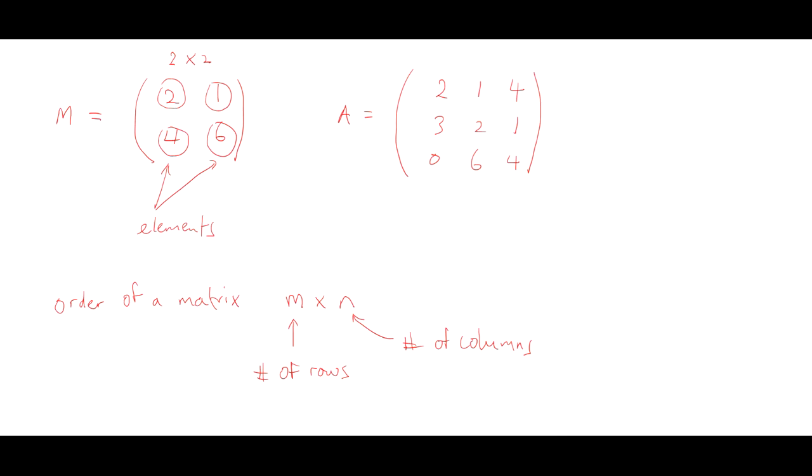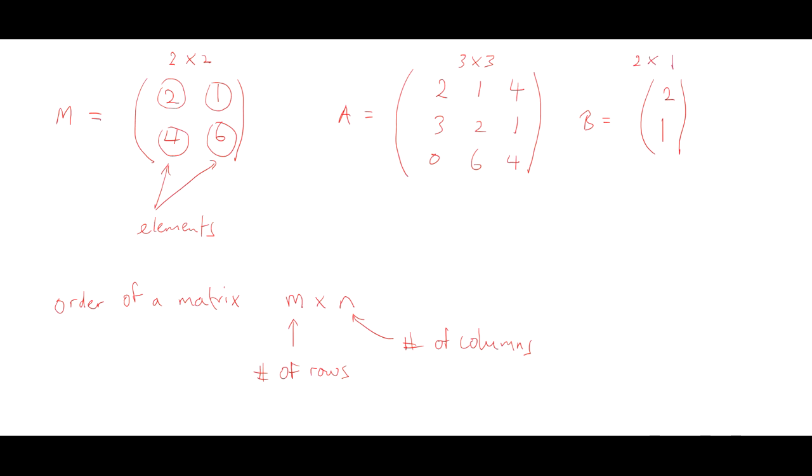In the case of A, the order of the matrix is 3 by 3, right? And if we had another matrix B, represented as, let's say, 2, 1, in which case the order of the matrix is 2 by 1.